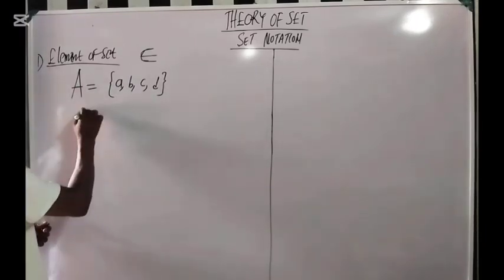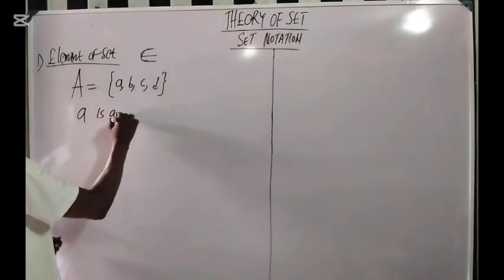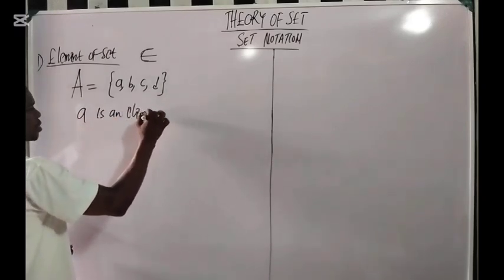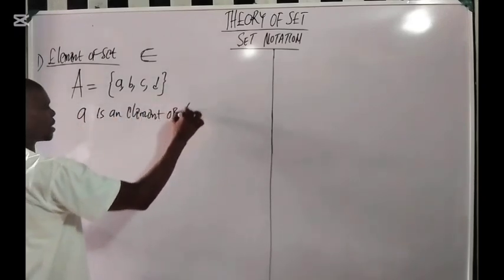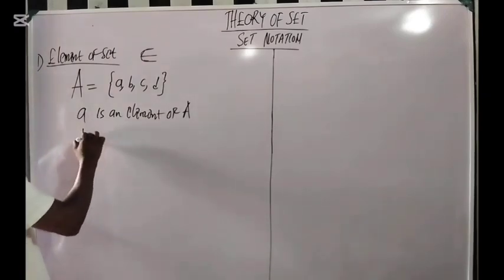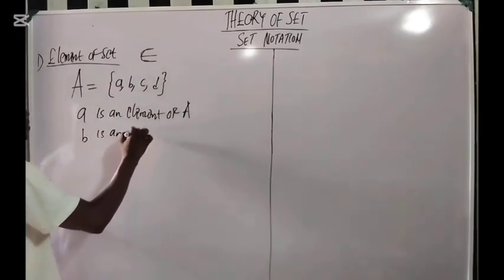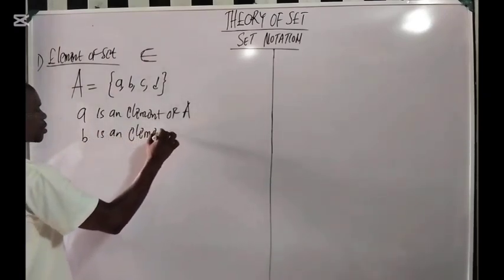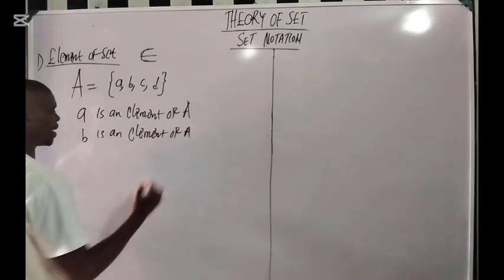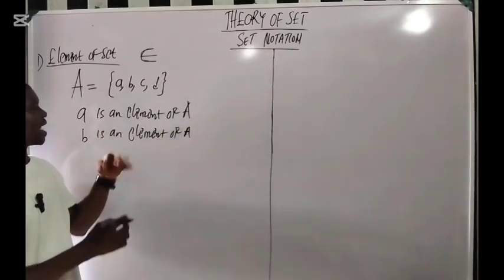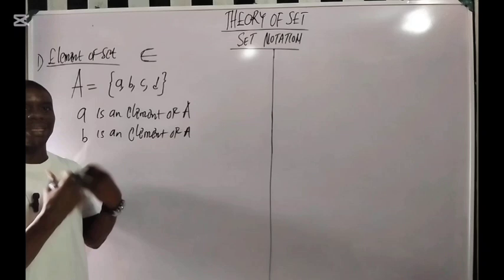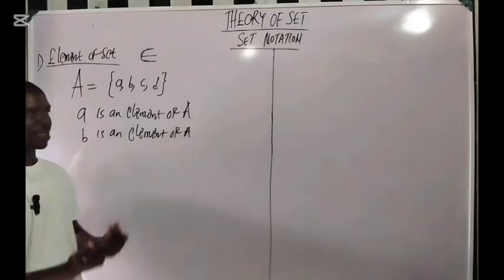So here you can see that a is an element of capital A. b is an element of A. But we don't write out the words; we have a certain way to represent it.